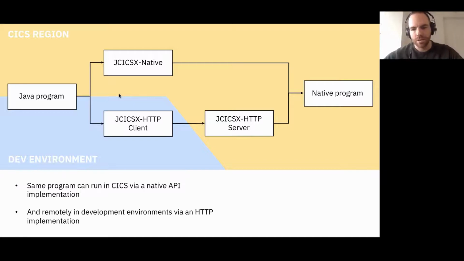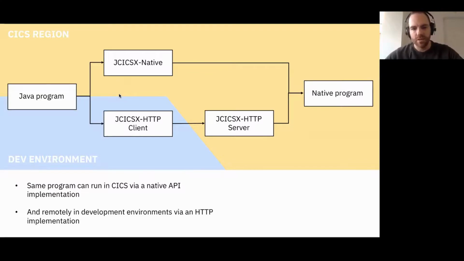When you run your application locally, we actually use an HTTP transport, and we forward your link, essentially your EXEC CICS API requests. We forward them so they run against the remote CICS region over a proprietary HTTP transport. So you have to configure a server that's going to run in your target CICS region that's going to host that API. And I'll show you a little snippet of how that works in a minute.